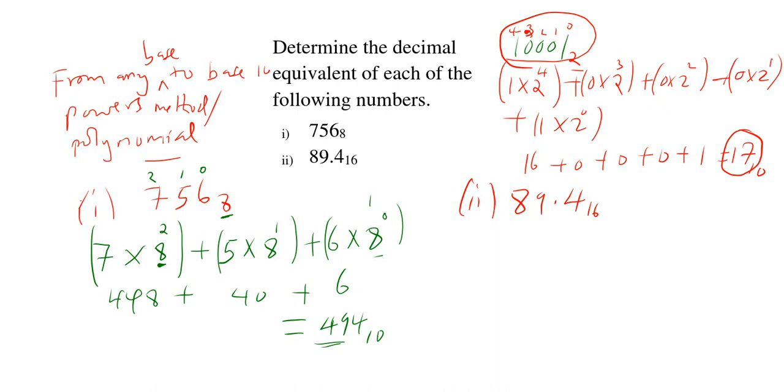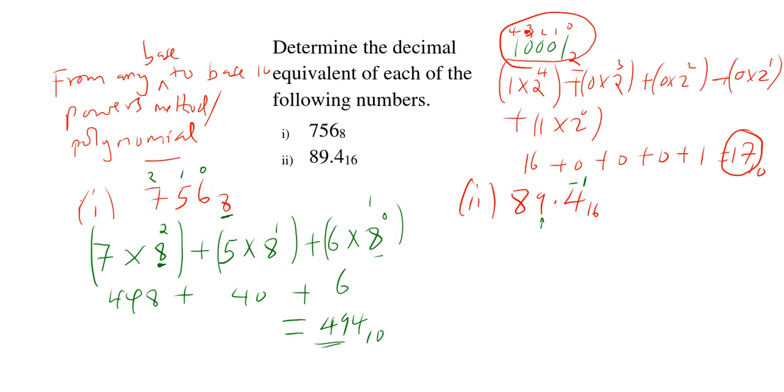So here we shall start from where 9 is, and for the decimal part, you normally start with power negative 1, immediately after the decimal point, at the first digit towards the right, not 0.